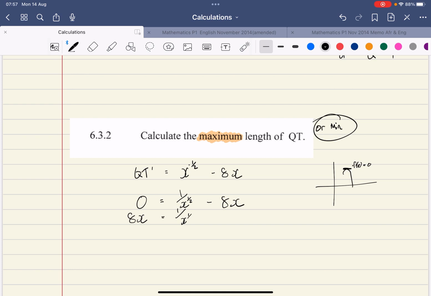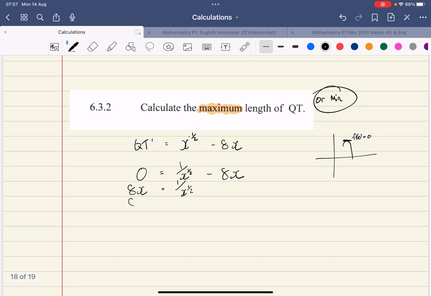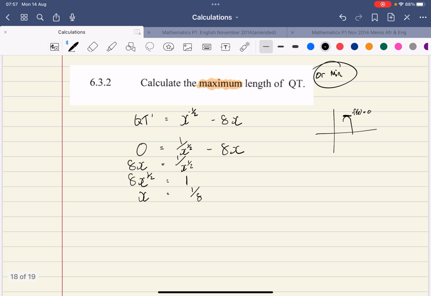So let's do that. What will that be? 3/2. My arithmetic is failing me here. All we're doing is solving for x and bringing the one term to the other side, timesing by x to the half to get rid of this x over here.